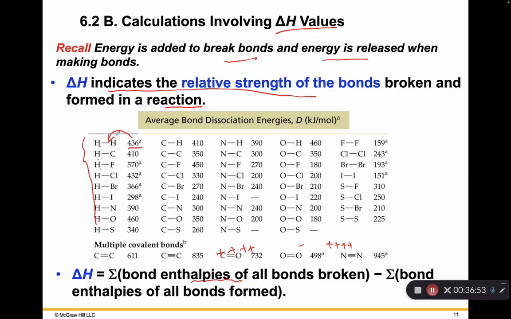Similarly, if you have a hydrogen molecule, this is the Lewis structure of the hydrogen molecule, and you break down that bond, then that much energy will be released from there. So delta H will be negative 436 kilojoule per mole in that case.